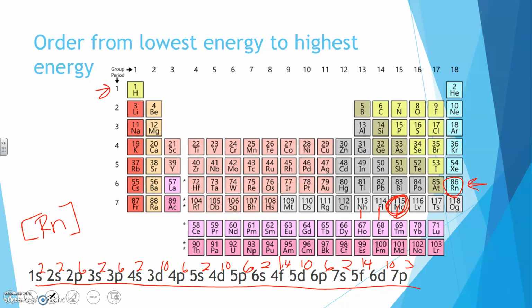Radon goes up to 6p6, so now you can just write everything after that: 7s2, 5f14, I'm running out of space, then 6d10, and 7p3. That cuts out a lot of what you have to write.